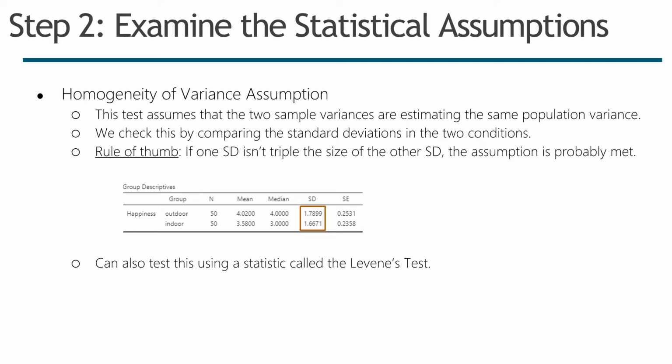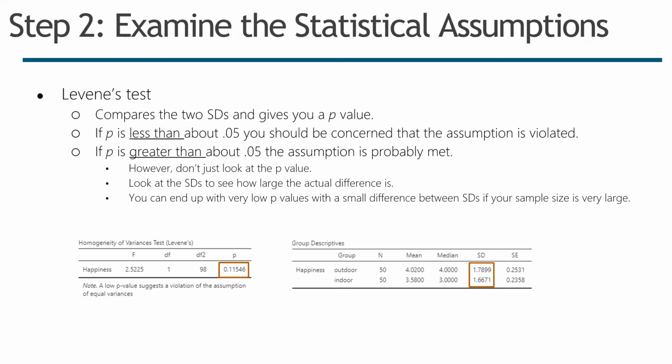But there is a statistic you can use to actually compare these 2 standard deviations statistically, and it's called Levene's test. Levene's test compares the 2 standard deviations for your 2 groups and gives you a p-value. That p-value is interpreted just like any other p-value. It's telling you the likelihood that the observed difference between these 2 standard deviations is due to sampling error.